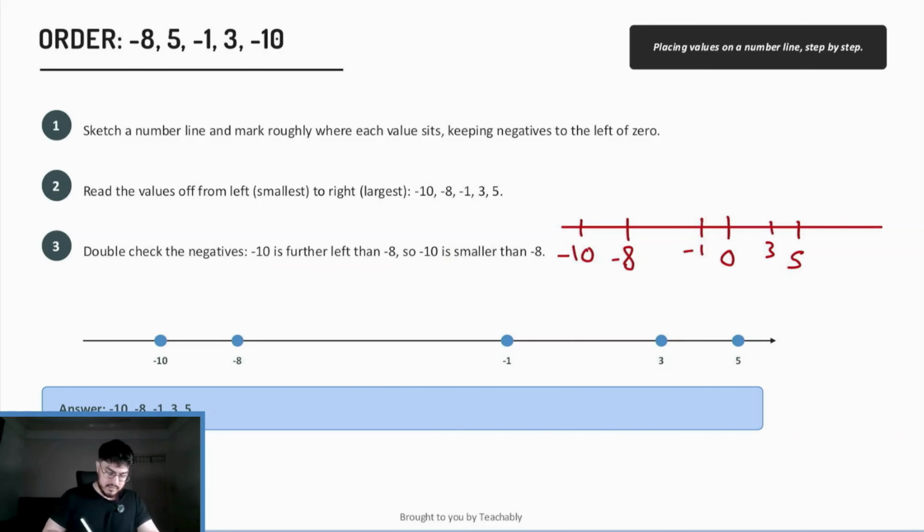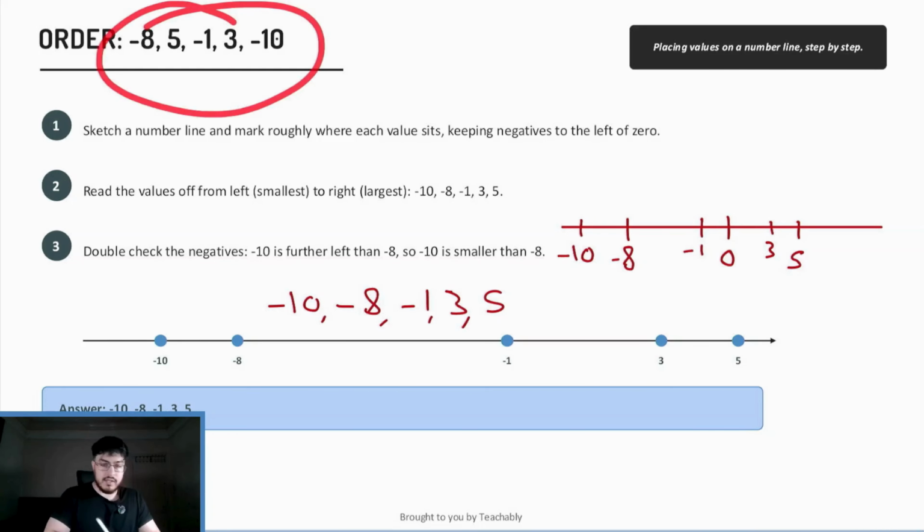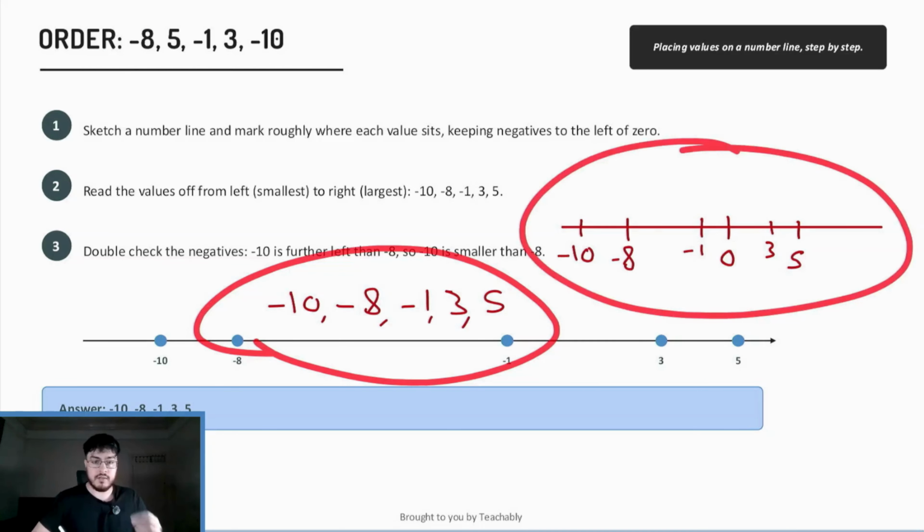So the answer in order will be -10, -8, -1, 3, and then 5. If you're ever given a list like this and told to order it, that's exactly how I would do it. Start with a number line.